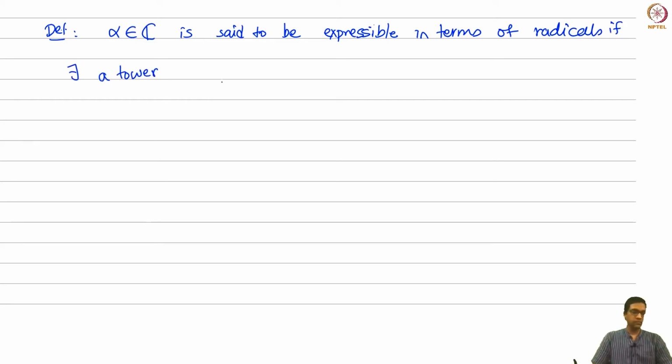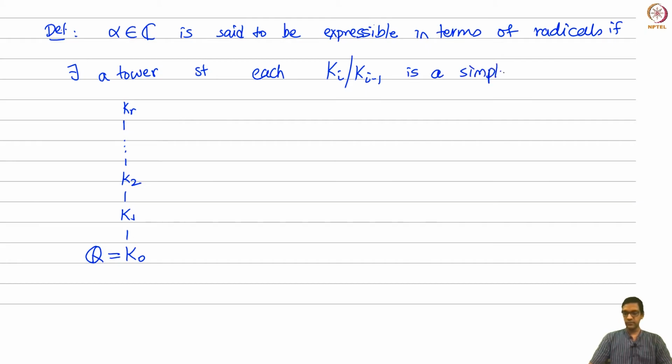So I start with the rational numbers, call that K0, and there should be K1, K2, up to Kr, such that each Ki over Ki minus 1 is a simple radical extension, and alpha belongs to Kr, for i equals 1 to r.